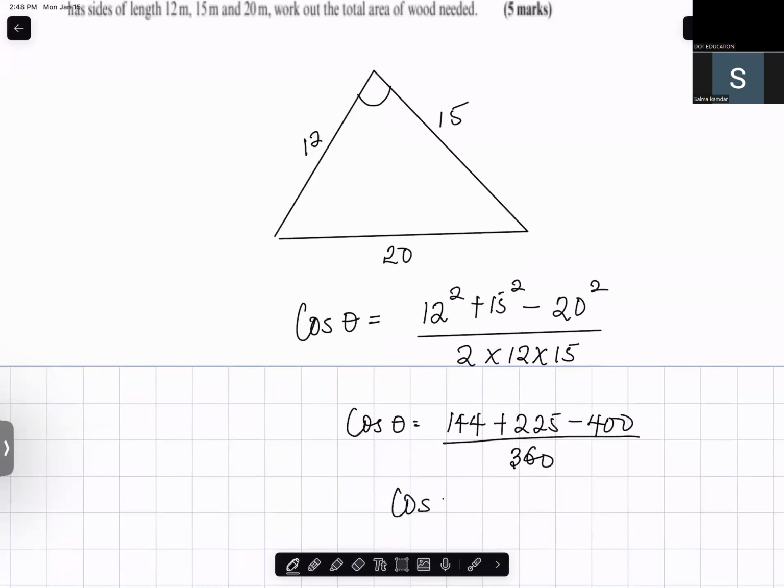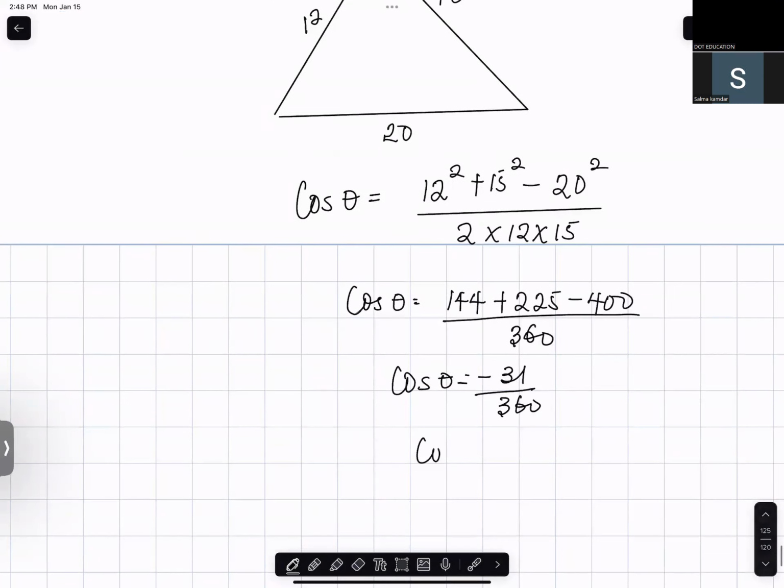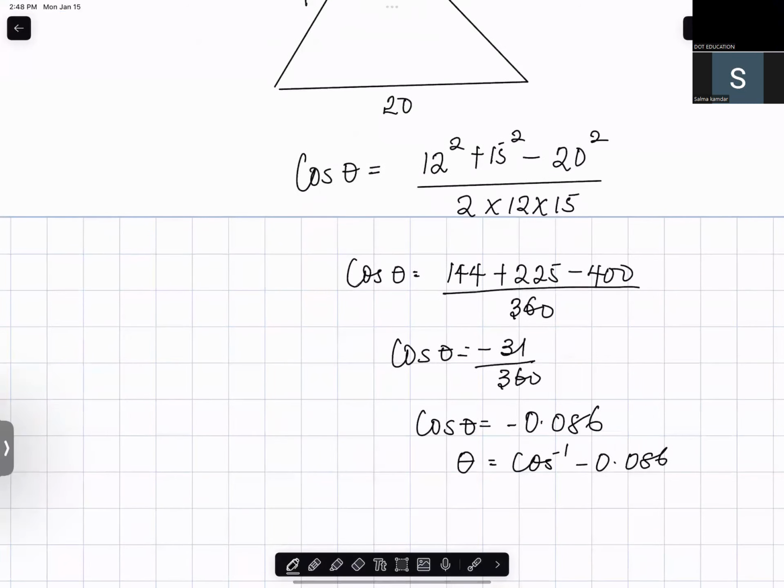Cos theta is equal to minus 31 divided by 360, which is minus 0.086. Our theta becomes cos inverse of minus 0.086, which gives 94.9, approximately 95 degrees. So we've gotten our theta at that point as 95 degrees.